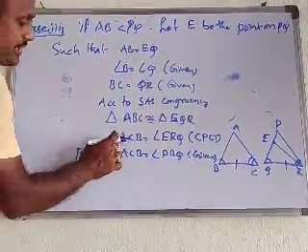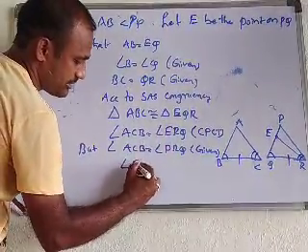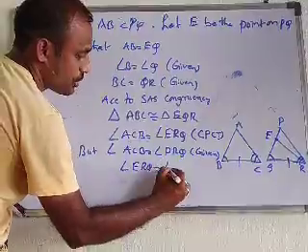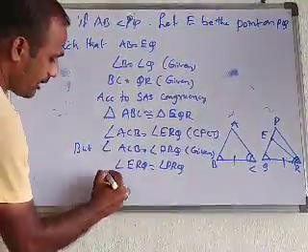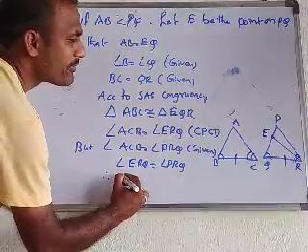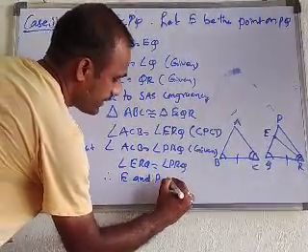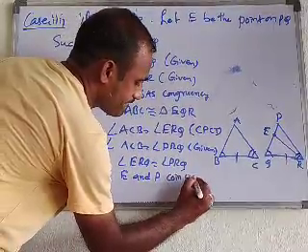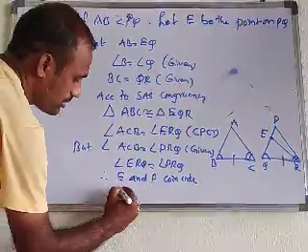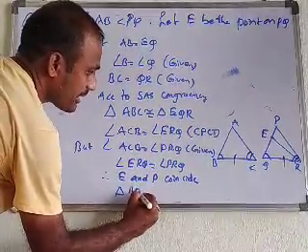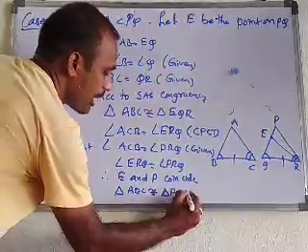So left hand side is equal, right hand side is equal, and angle ERQ is equal to angle PRQ. These two angles are equal if and only if E and P coincide. Therefore, we can say that triangle ABC is congruent to triangle PQR.